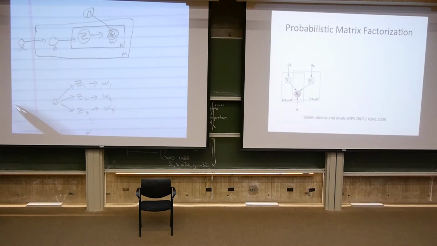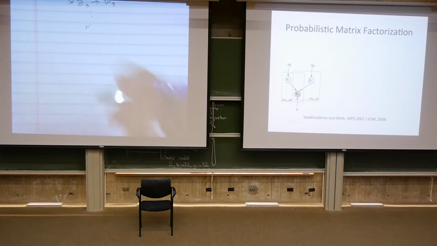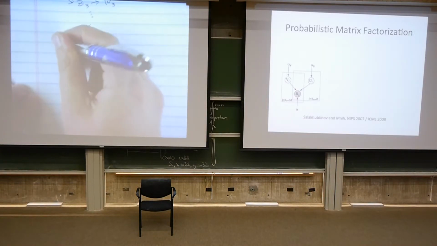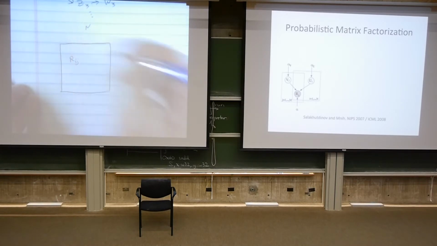Okay, so those were all kind of vaguely similar topic model type things. Here's a completely different setting that you can still phrase as a graphical model. So imagine you have a big matrix. The entries are Rij. And you think that the matrix is low rank.